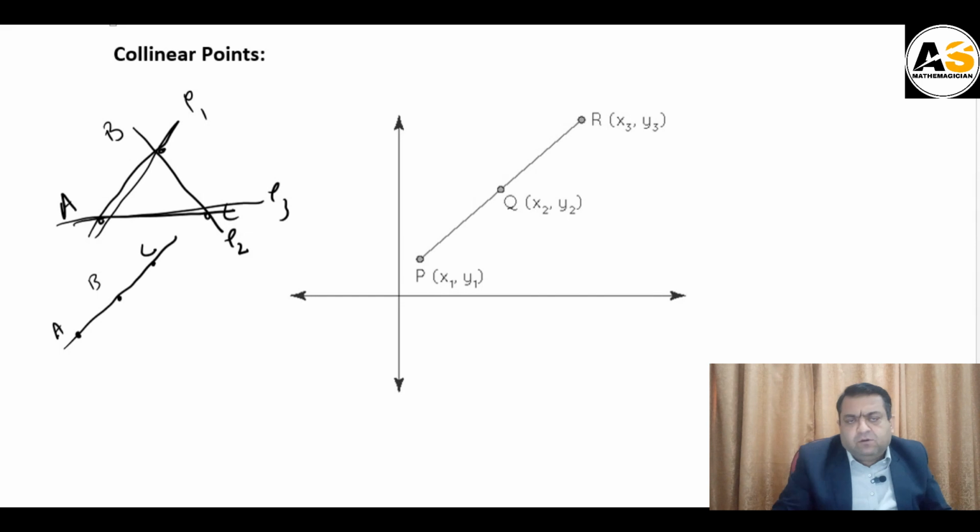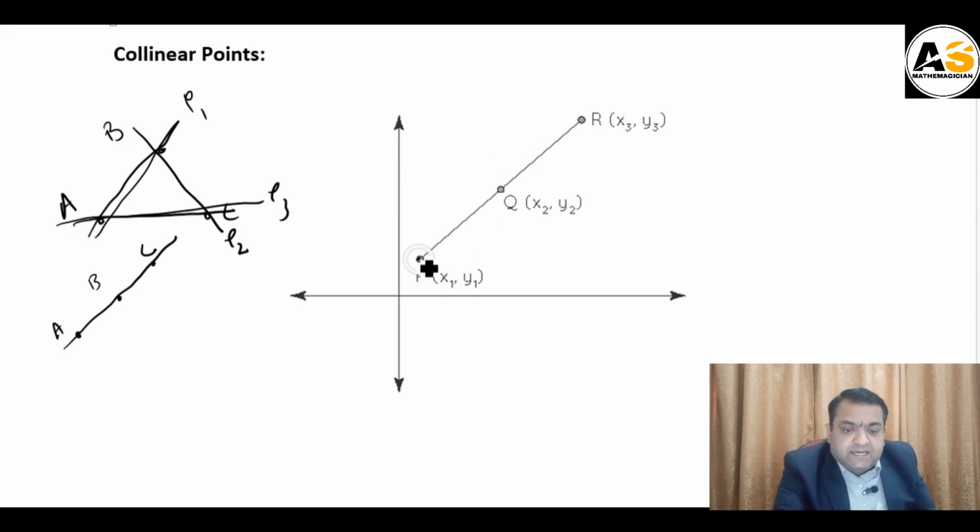I think the collinearity concept is clear. If 3 points lie on the same single line, they are called collinear. How do we mathematically check whether the given 3 points are collinear?